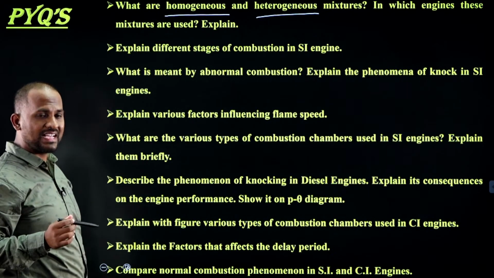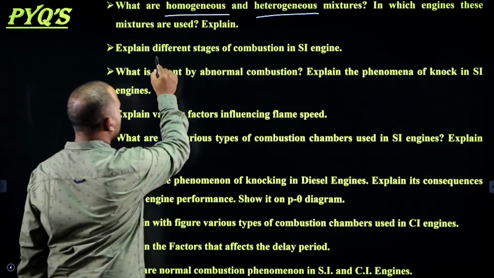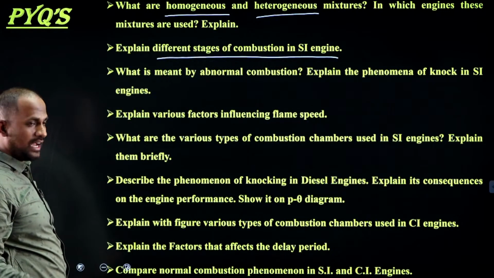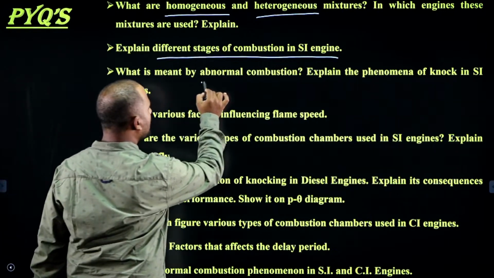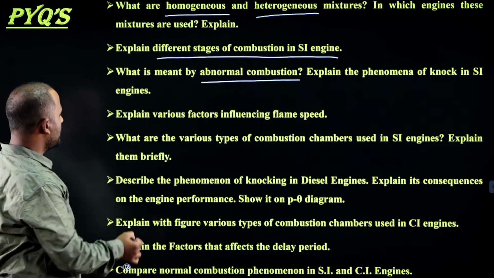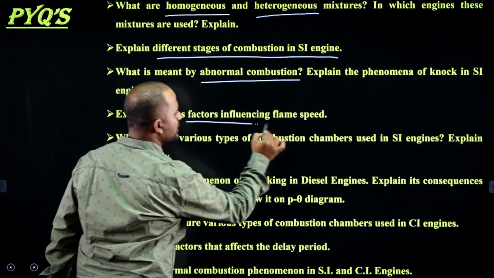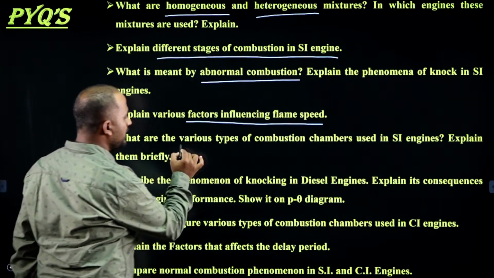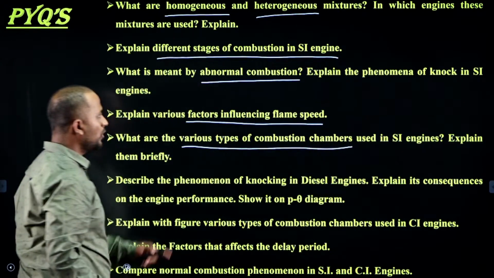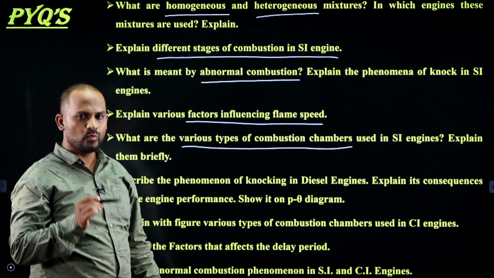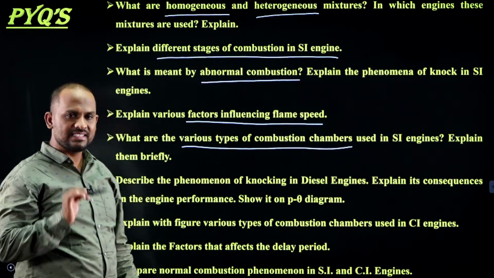With respect to SI engines we got questions like: different stages of combustion in SI engine, the abnormal combustion in the SI engine, the factors affecting the flame speed, and finally various types of combustion chambers. These questions were previously asked from the topic of SI engines.